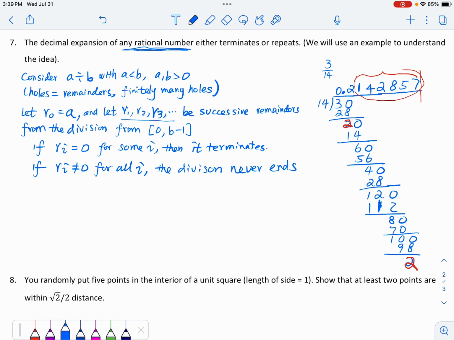Now, think about R1, R2, R3, and so on. Those are the pigeons. And here the holes will be from 0, 1, all the way up to b minus 1. We know this is finite because b is a finite number.